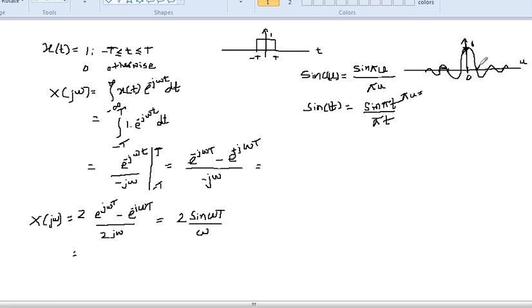When pi u is equal to pi, because we know that sine takes its first 0 value at pi, since sine of pi is 0, so u is equal to 1 we get.